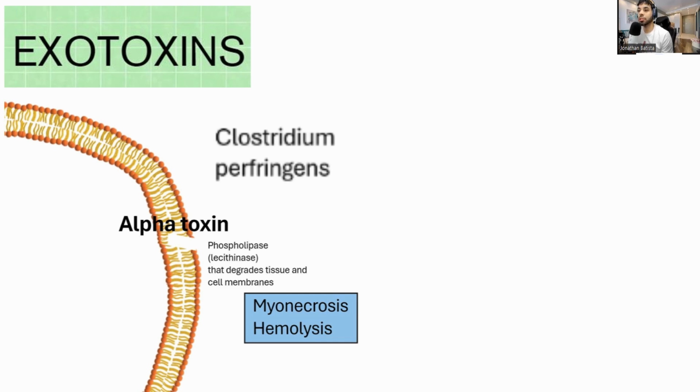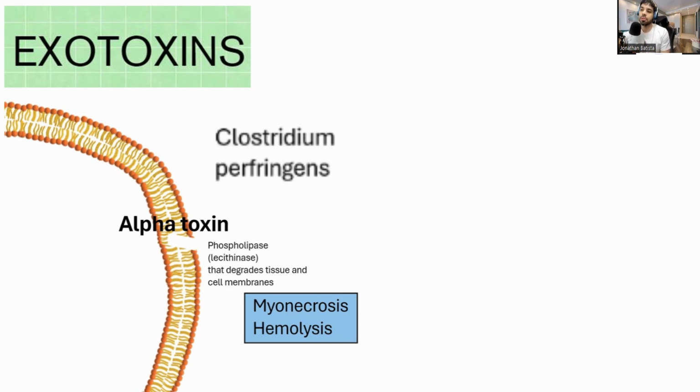That's how it works. Not to be confused with Clostridium perfringens. Clostridium perfringens goes towards the cell membrane, the phospholipid area of the cell. This is different. This is perfringens. And remember, instead of toxin A and B, perfringens has alpha toxin.